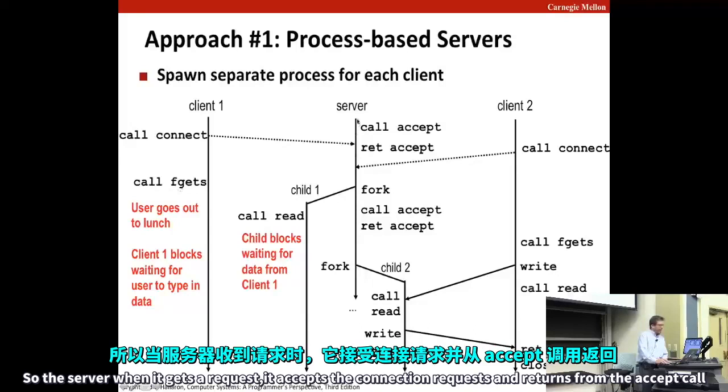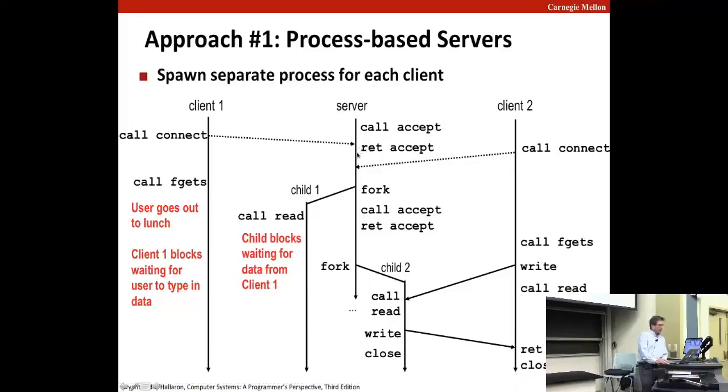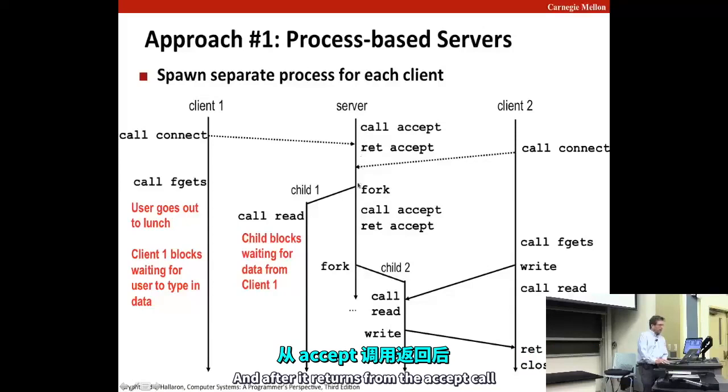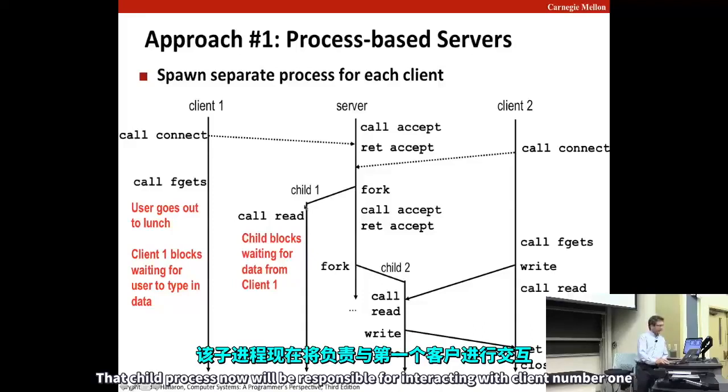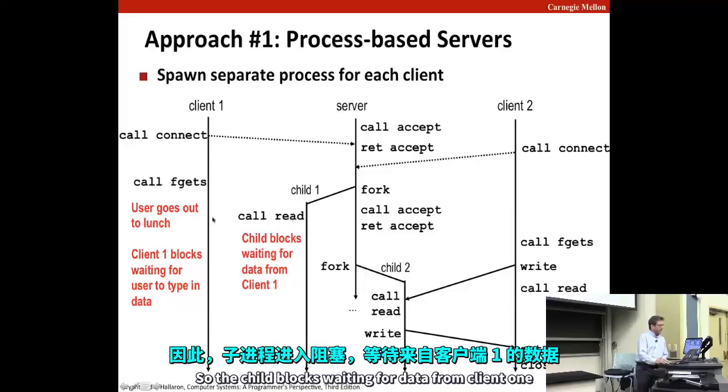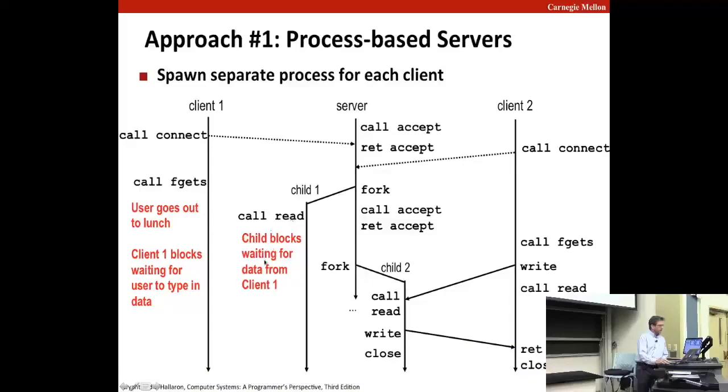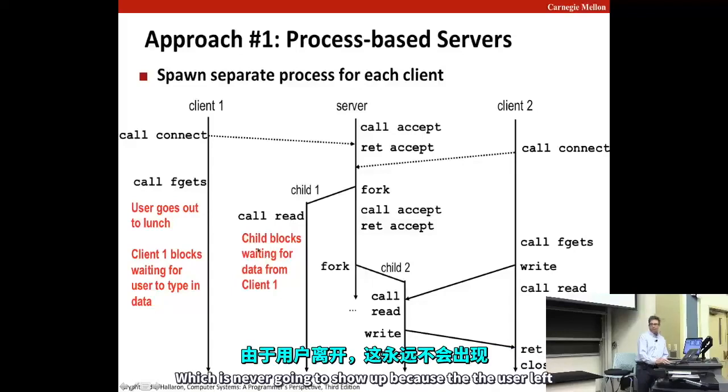When the server gets a request, it accepts the connection request and returns from the accept call. After it returns from the accept call, it forks a child, and that child process is now responsible for interacting with client number one. So the child blocks waiting for data from client one, which is never going to show up because the user left.